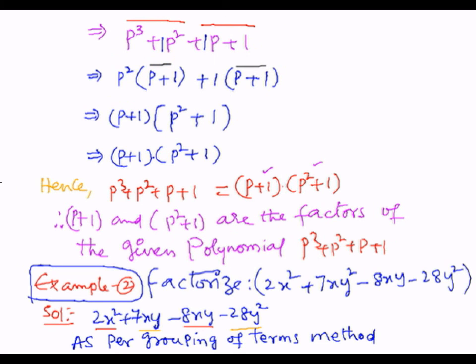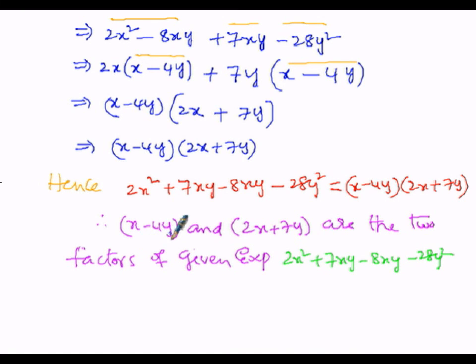As per the problem it is only 7xy. So in this manner, by utilizing the grouping of terms method, we got x minus 4y and 2x plus 7y as the factors of 2x square plus 7xy minus 8xy minus 28y square.